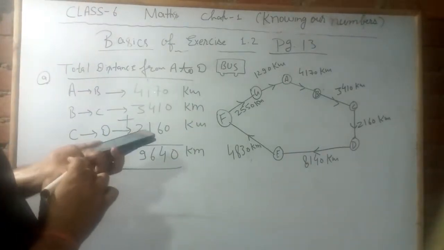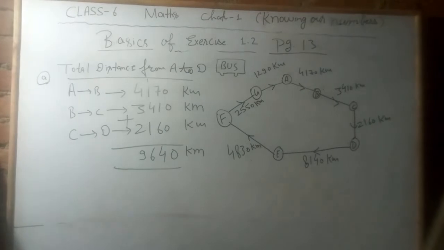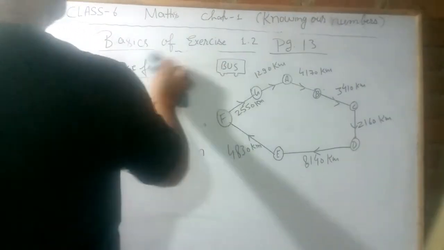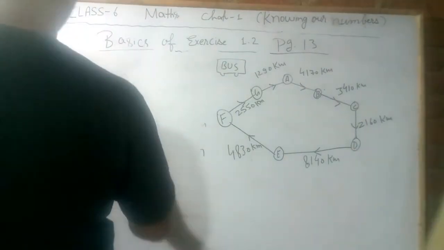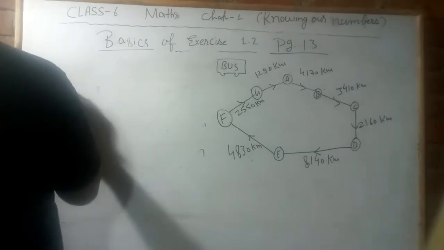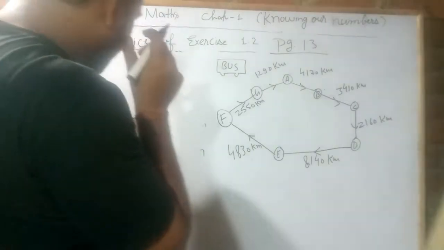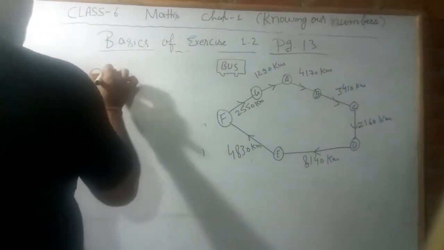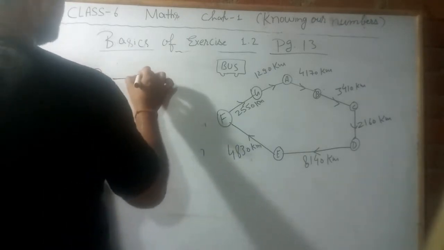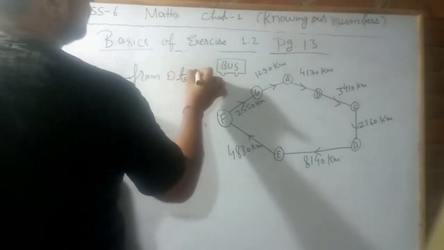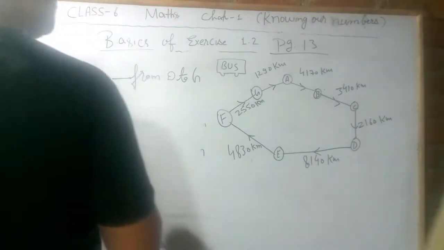Now the second question, part B. Find the total distance covered by the bus from D to G. D to G, total distance covered by the bus. Clear?